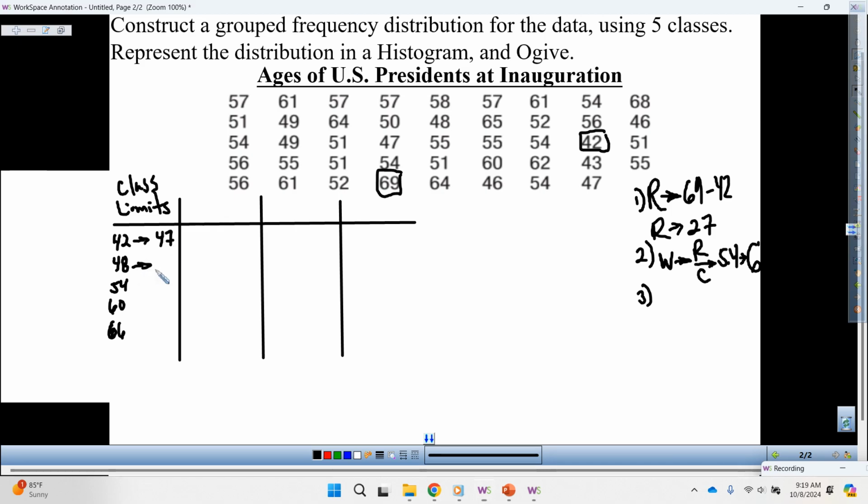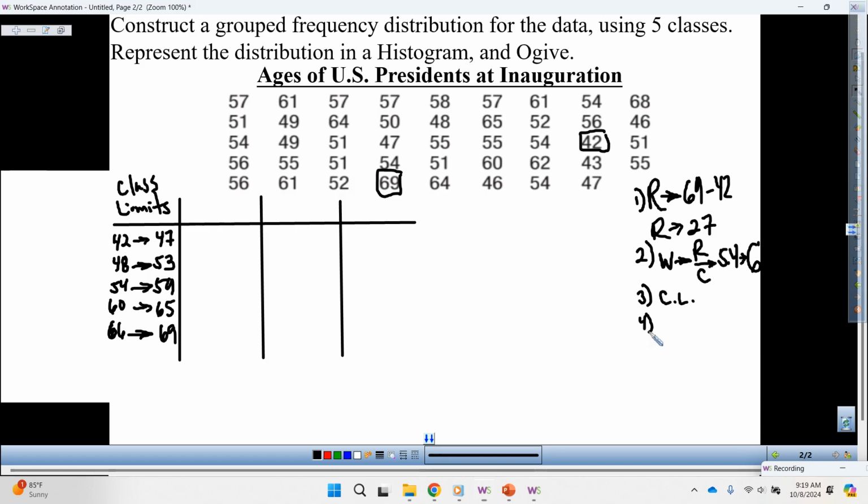Next class. Next class. Next class. And the last class. Okay. However, what's the highest data that we have? There you go. That was step 3, class limits.